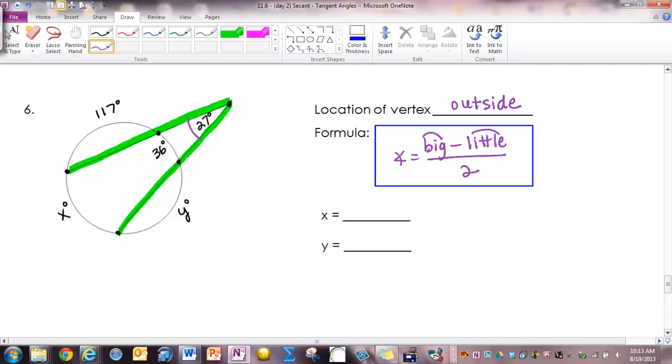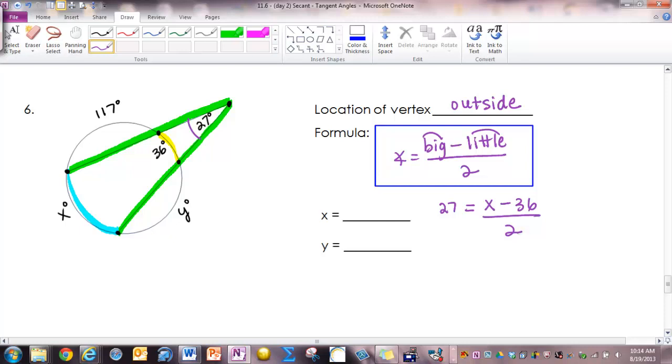Now in this picture, our angle has measured 27 degrees, and our big arc is this one right here in blue. It has measured x. And our little arc over here in yellow has measured 36 degrees. And we divide by 2.